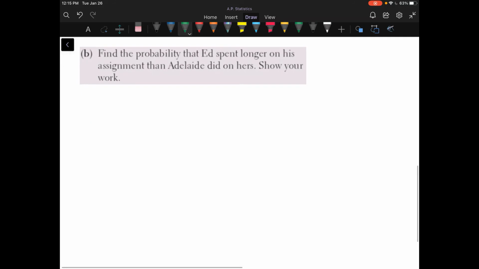Now part B: find the probability that Ed spent longer on his assignment than Adelaide did on hers. Show your work. So we're going to find the probability that the difference is less than 0.